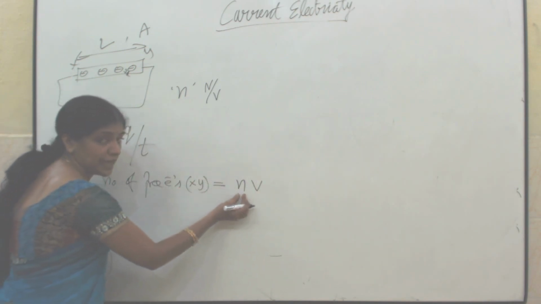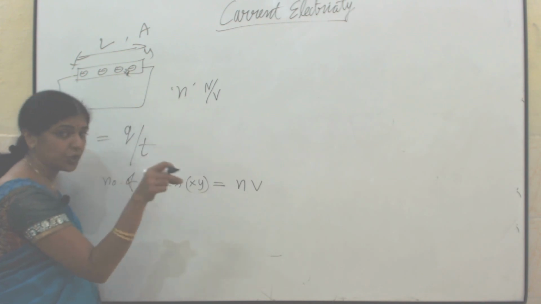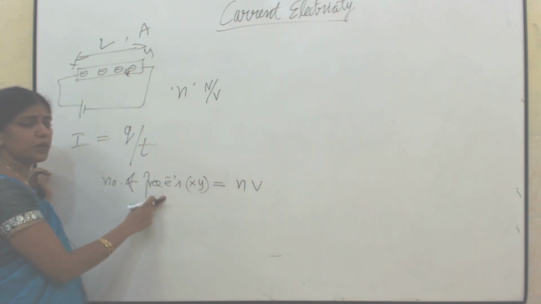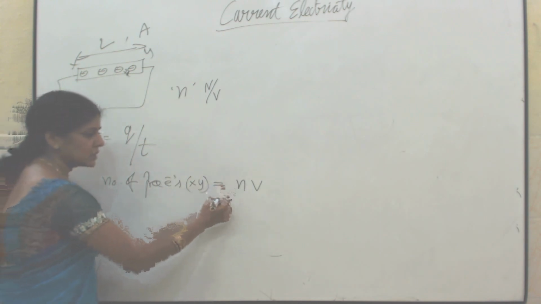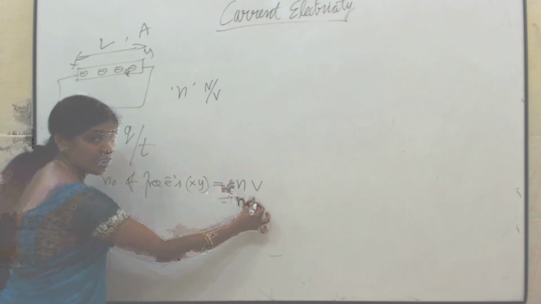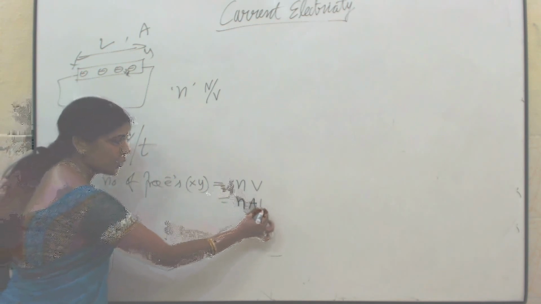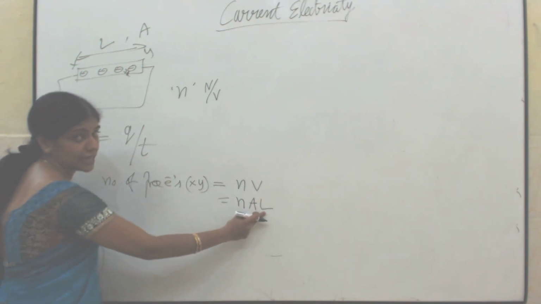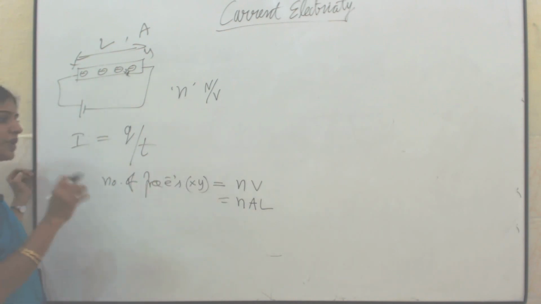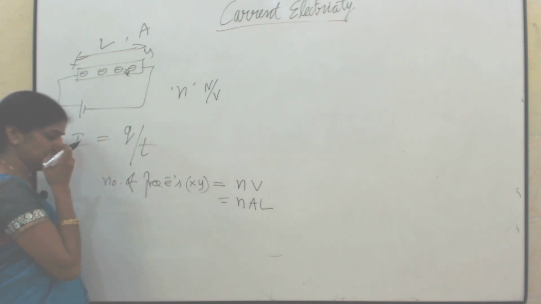If I multiply the number of free electrons in a unit volume into the volume of the conductor, I will get the total number of free electrons, isn't it? Volume equals area into length. So these many free electrons are there in this conductor.